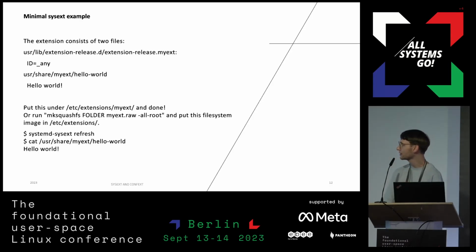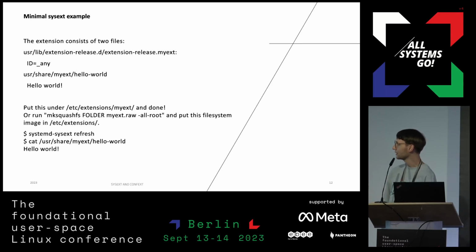Some examples here. The most minimal sysext I came up with is the following, where we have this directory tree. We have a usr folder. Maybe you prepare this in your home dir, and then you create this lib/extension-release.d/extension-release.myx file.